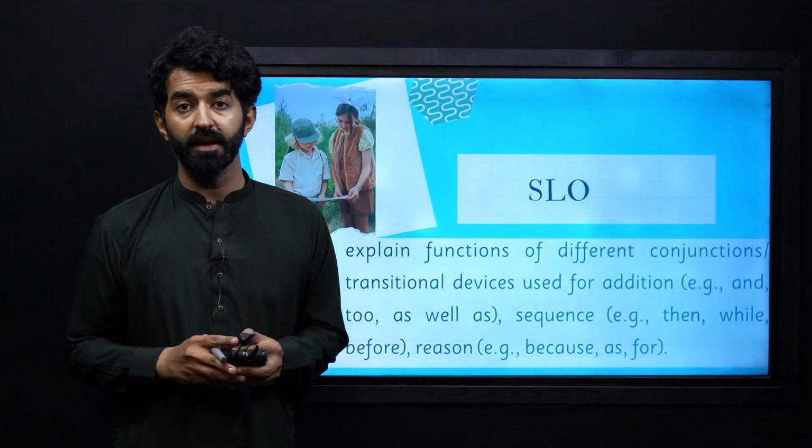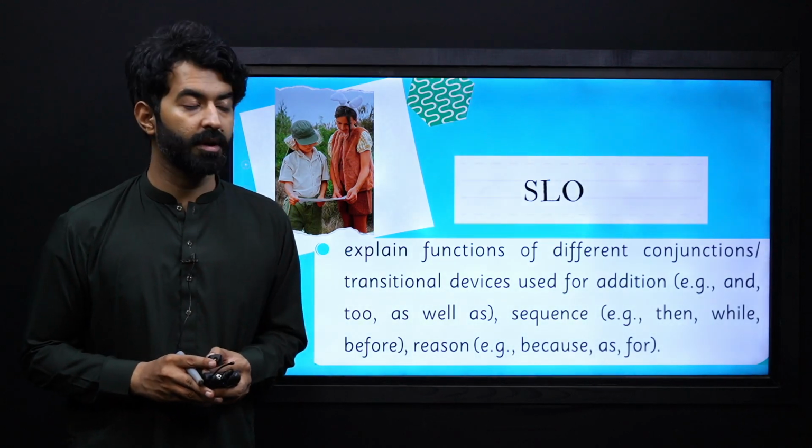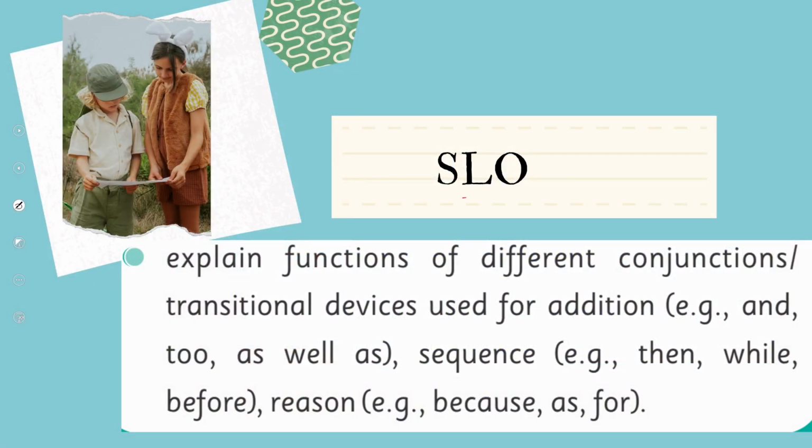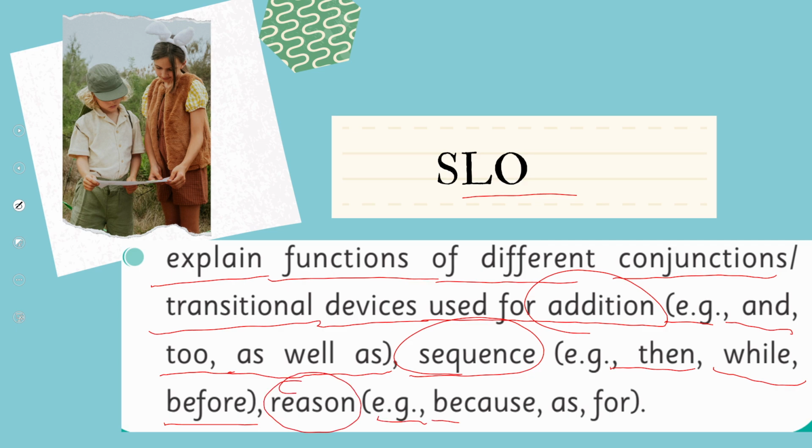So now, my dear learners, let's begin by reading and understanding our students' learning outcome. It says, explain functions of different conjunctions, transitional devices used for addition, for example, and, to, as well as, or sequence, for example, then, while, before, or reason, for example, because, as, for.